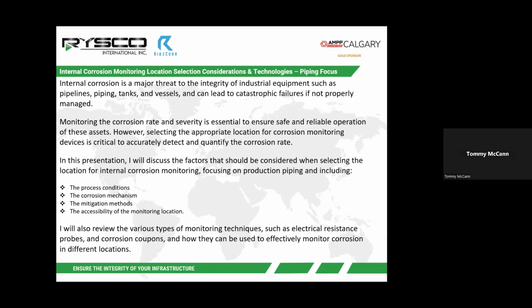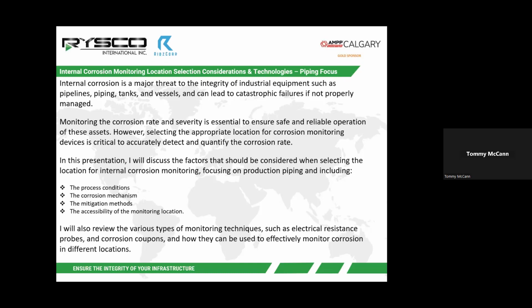What I'm going to talk about today is selecting the most appropriate location for your corrosion monitoring device, and how that's critical to the accuracy of how you detect your potential internal corrosion mechanisms, and also how you can quantify that as a corrosion rate.